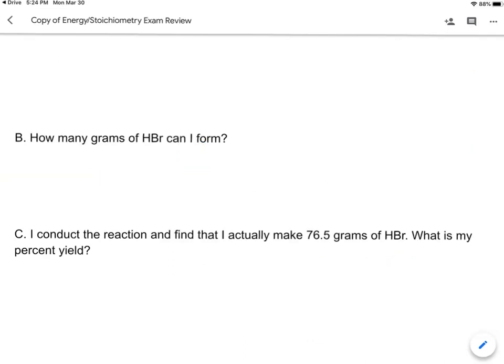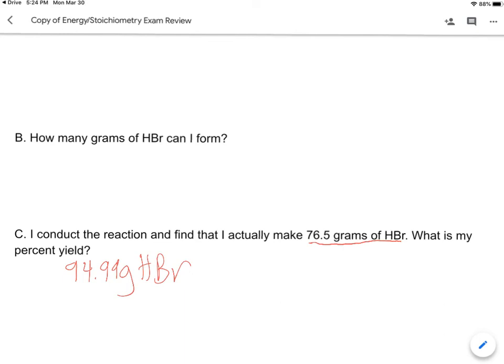And this last one is a percent yield. So on the last page, we calculated that we should be able to make 94.99 grams of hydrogen bromide. That is our theoretical yield. And then the problem here tells me we actually made 76.5 grams of hydrogen bromide.